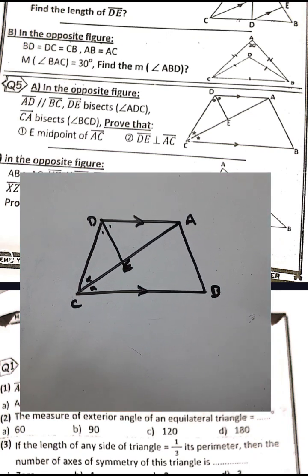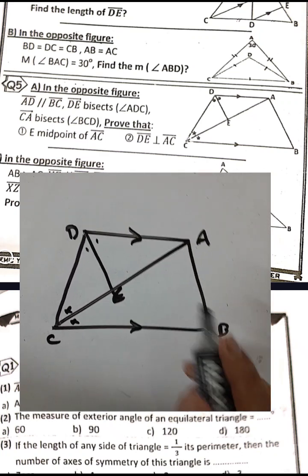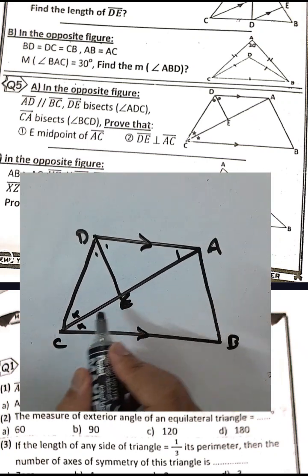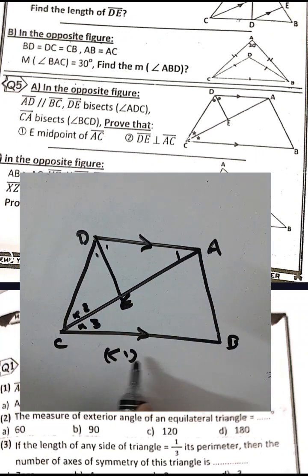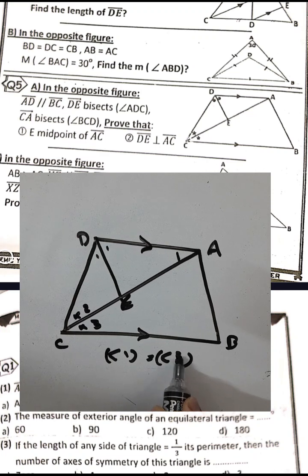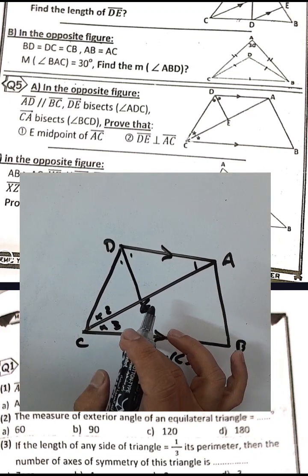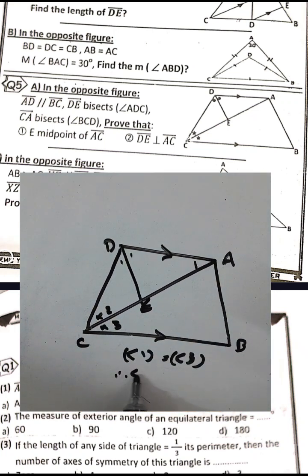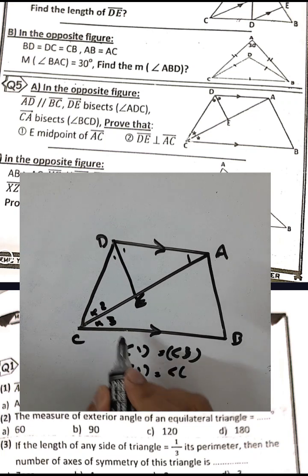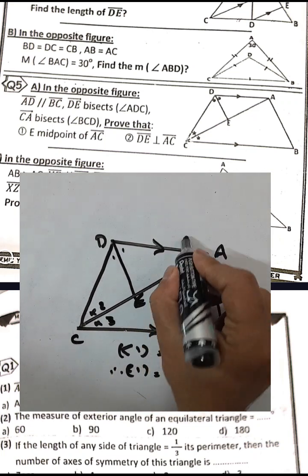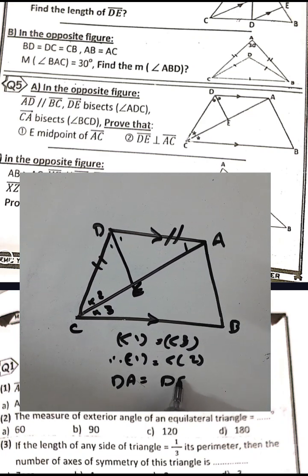Who can tell me the result? We have a parallelogram. If we put angle 1 here and here, 2 and here 3, then angle 1 will be equal to angle 3, we call that alternate angle. Okay, 1 equal 3 and 3 equal 2, then measure of angle 1 will be equal to measure of angle 2. Then this side length will be equal, and DA will be equal DC.